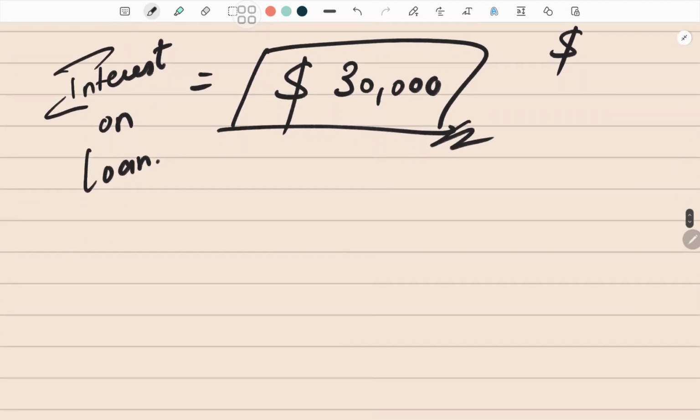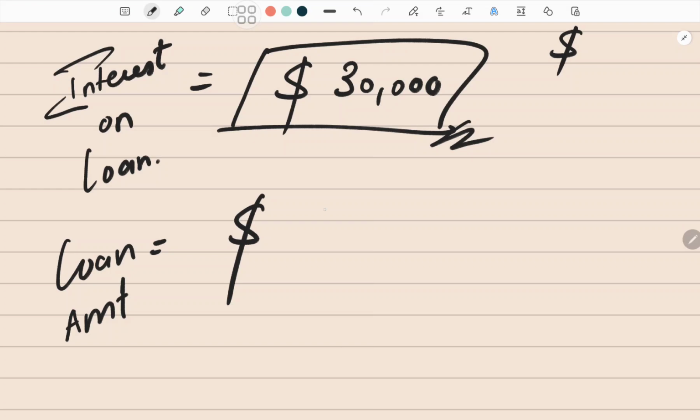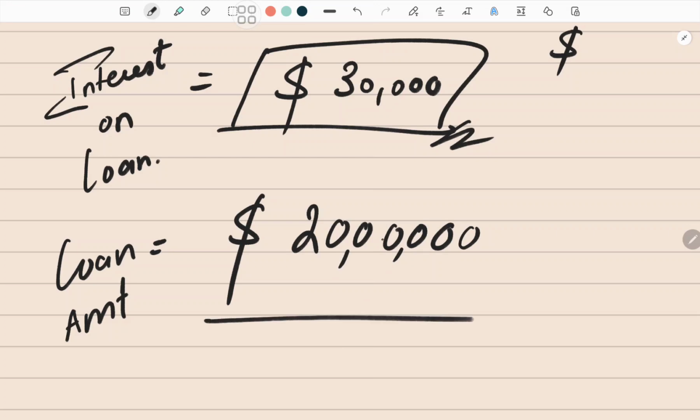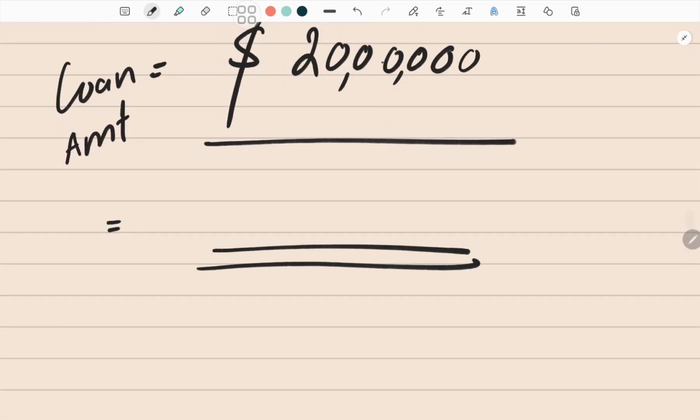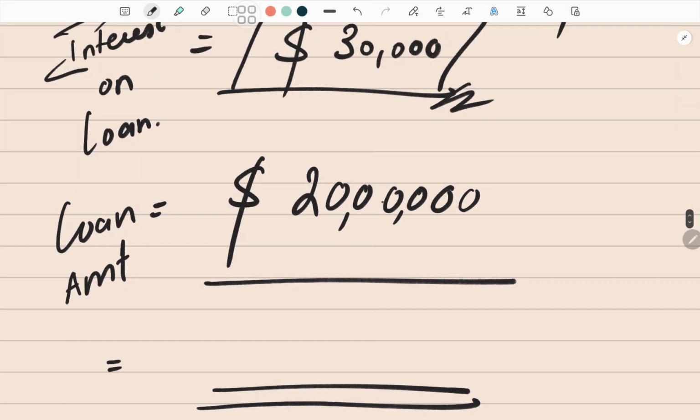And the loan amount is equal to $2 million, correct? So finally, when you add up your total expenditure, your total outflow has to be 20,30,000, correct?